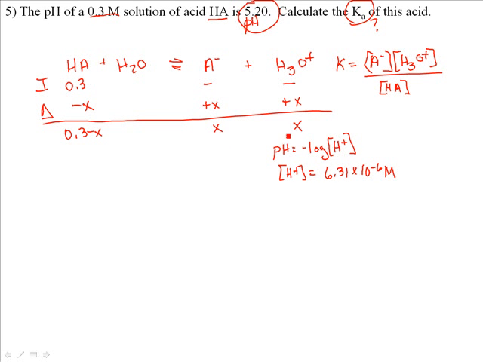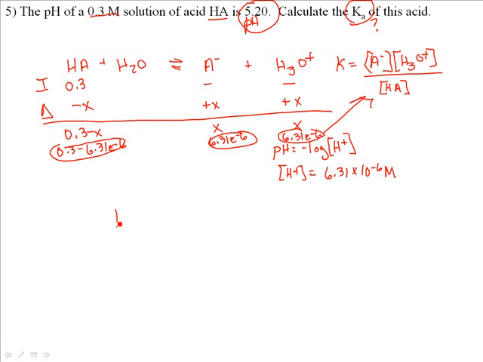So therefore, we have 6.31 times 10 to the negative 6, 6.31 times 10 to the negative 6, and 0.3 minus 6.31 times 10 to the negative 6 is equal to something. I'm just going to plug that in, and plug this in, and plug that in, all into this expression.